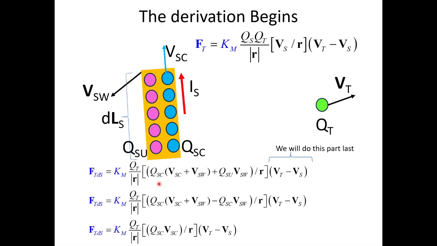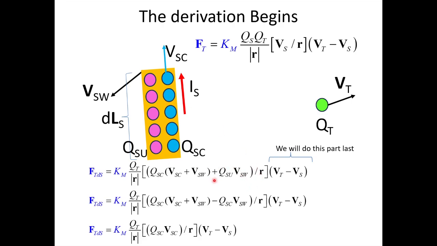Okay, so let's start over here. The conduction charge, QSC, times the velocity of the conduction charge plus the velocity of the wire, plus the quantity of the uncovered charges times the velocity of the wire. That is our QSVS, which we can replace. We can move this scalar inside to do this, and that replaces that. And then we divide by r, which is the direction from the source to the target.